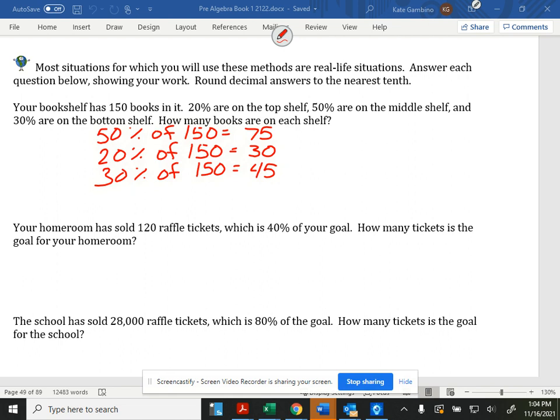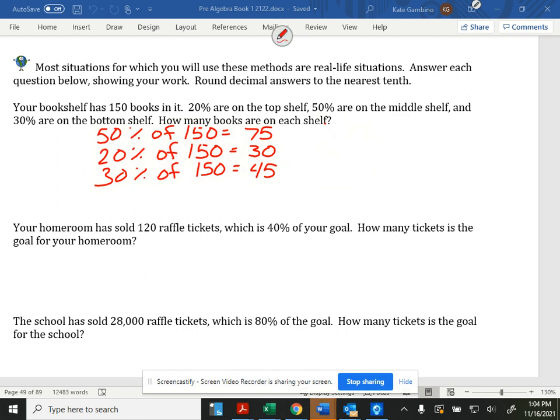And then the 20%, we know 20% of 150, yeah, 0.2, because 20% is 0.2. So that's how you get the 30. So that's doing math that we did a few objectives ago.